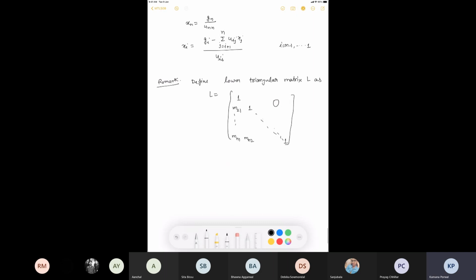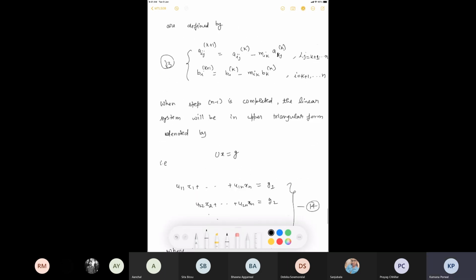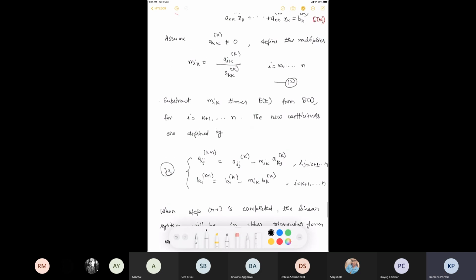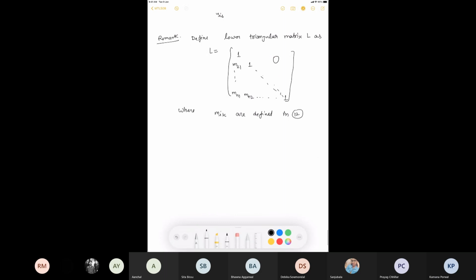Where these m_ik's are defined, I think we gave the equation number. So this is 12. Right? So we have formed this matrix.